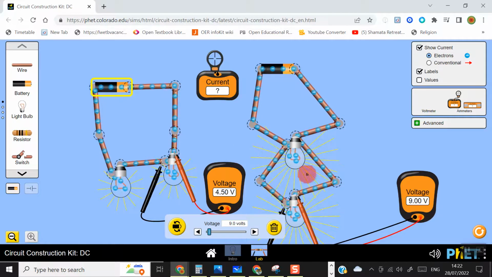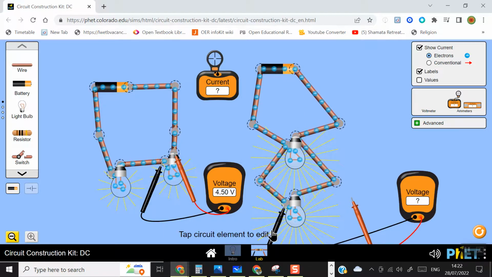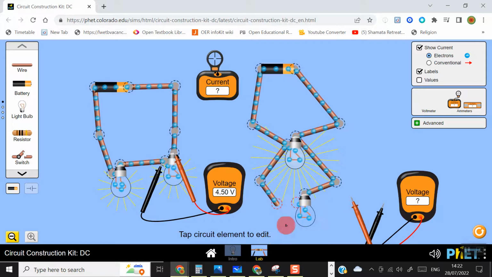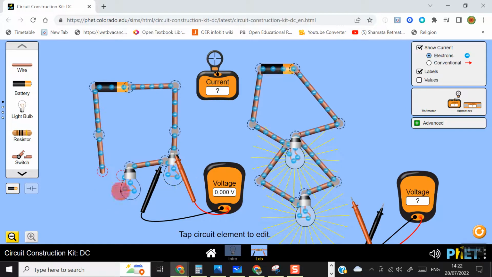So there's a benefit of wiring it up like this because you're getting the full force of the electrical energy coming from the voltage of the battery. Also, for example, if this gets broken, we can see that this bulb goes out, but this bulb continues to light, because both of them are on two separate loops. So we can see that it has an advantage, whereas over here, if this light goes out, this light goes out as well.